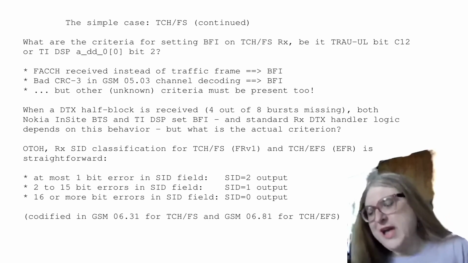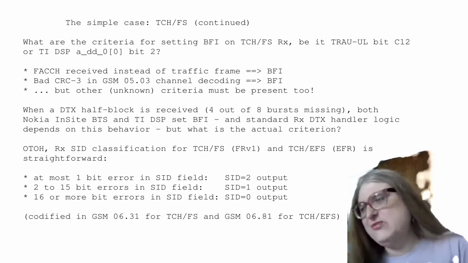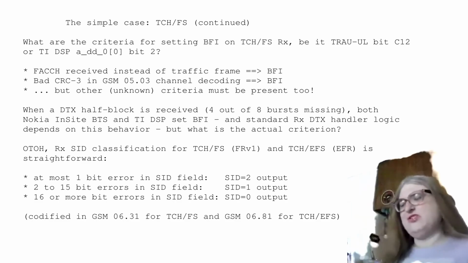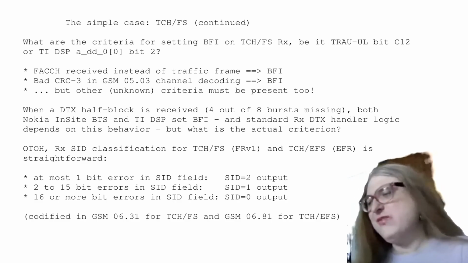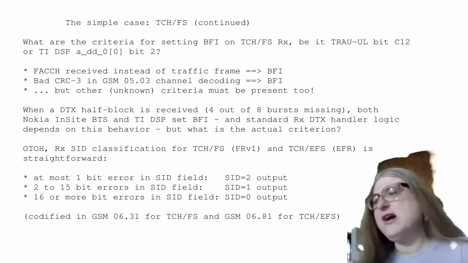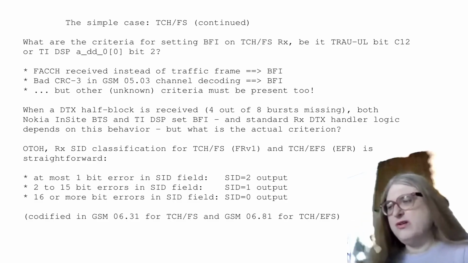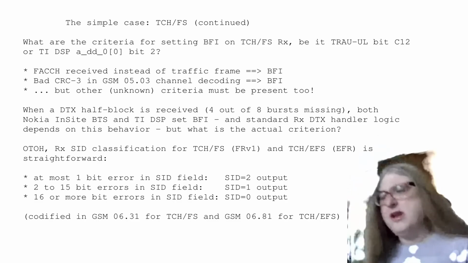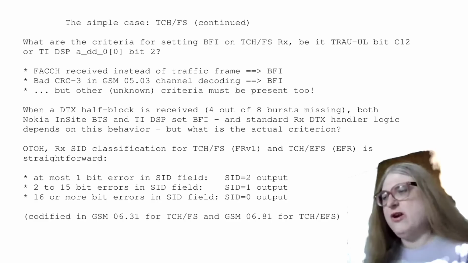But look what will happen in the directly preceding 20 millisecond position and in the directly following 20 millisecond position. In both of those traffic frame positions, the receiver will have 4 bursts out of 8. So out of the normal 8 bursts that it would have needed to do a regular decoding, it has only 4. Another 4 are missing.